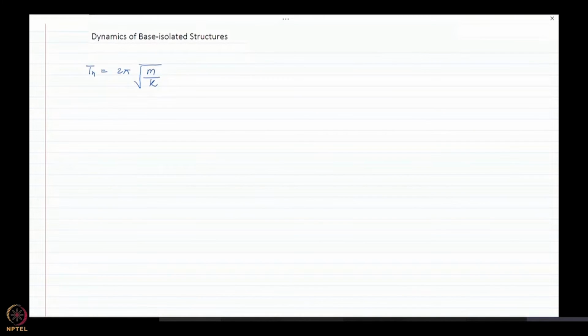Now, what is the inherent assumption here in terms of the degrees of freedom? If I'm writing this formula, what can I say about the degrees of freedom for the structure? Can I say it is a single degree of freedom system, only valid for a single degree of freedom system?